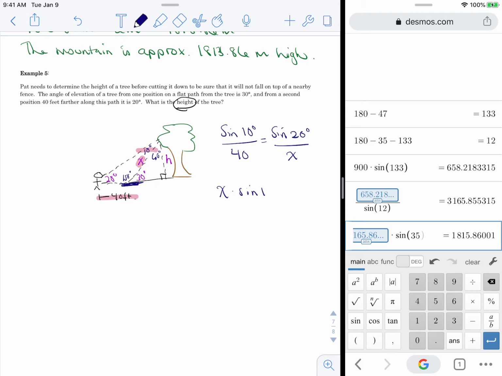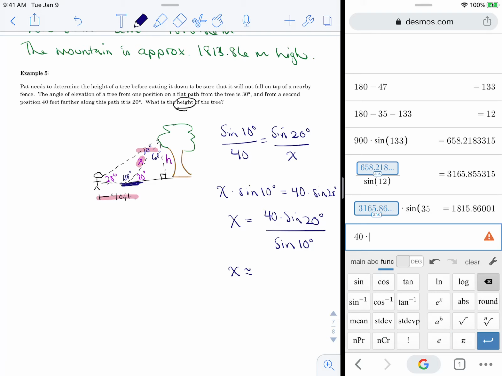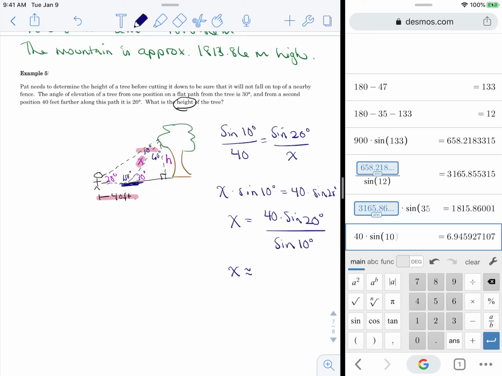Cross multiply. And we get 40 times sine of 20 degrees over sine of 10 degrees.